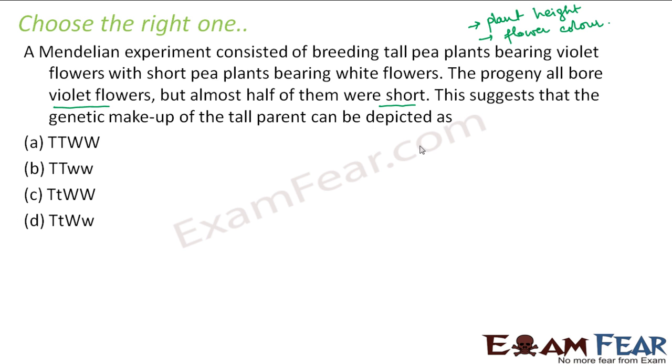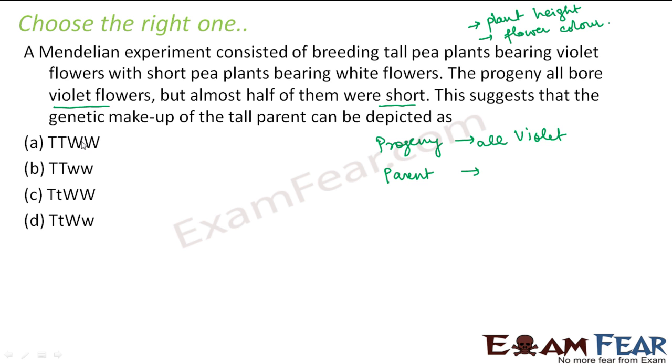So let us see. When we talk about the progeny, it was all violet. So if the progeny was all violet, that means that the parent was homozygous violet. Here, which letters will we use to denote them? We have white and violet.